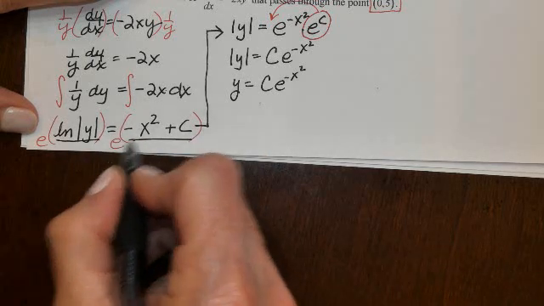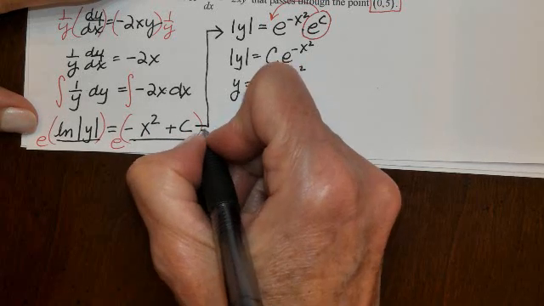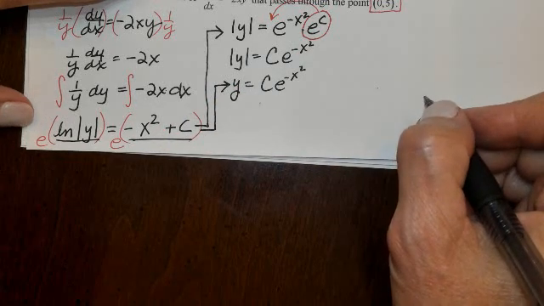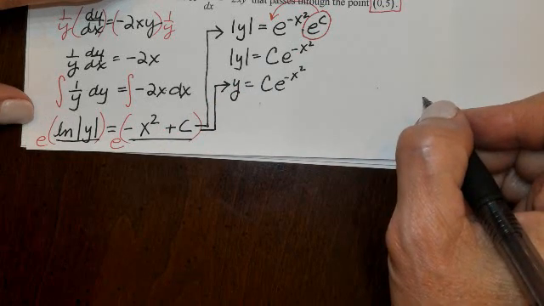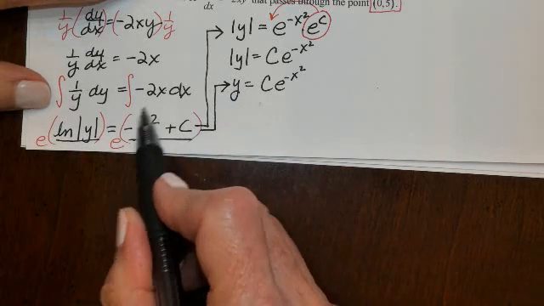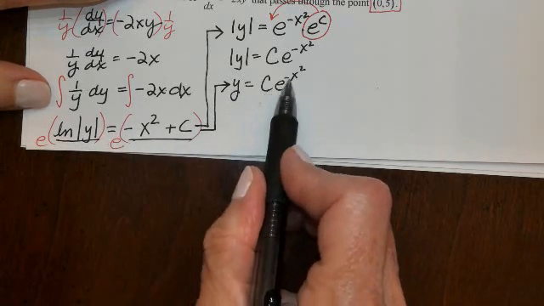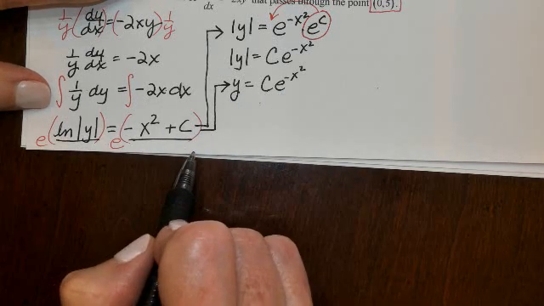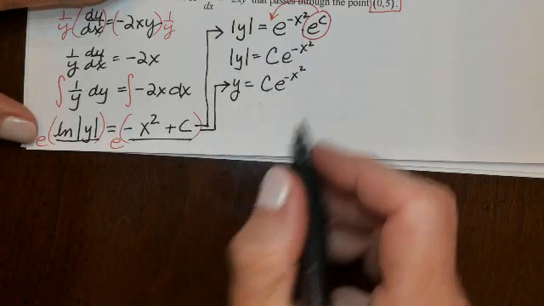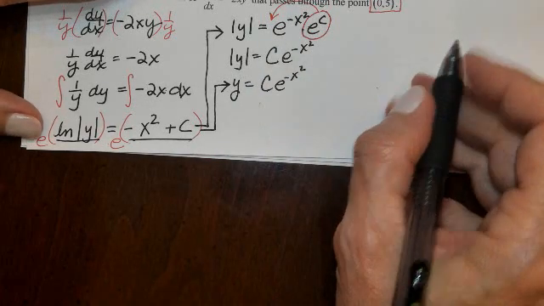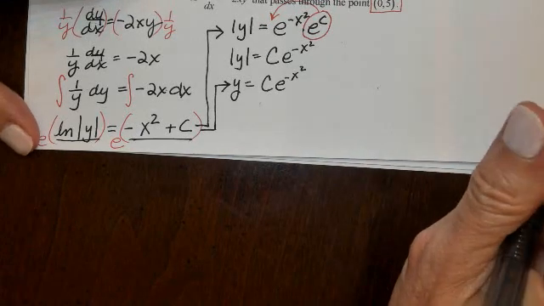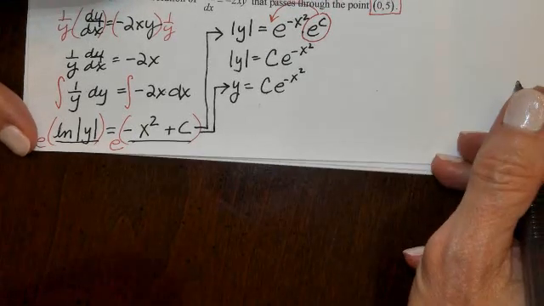So when you are at this point right here and you e to both sides, I would love for you to be able to go directly to there. So e to both sides, you get y is equal to c e to the negative x squared. Now I'd like to find c. Now is a fine spot to go and find c.